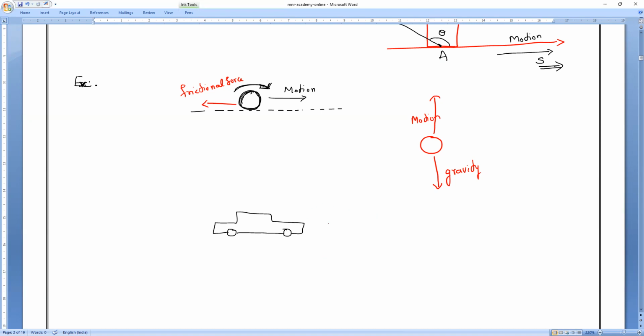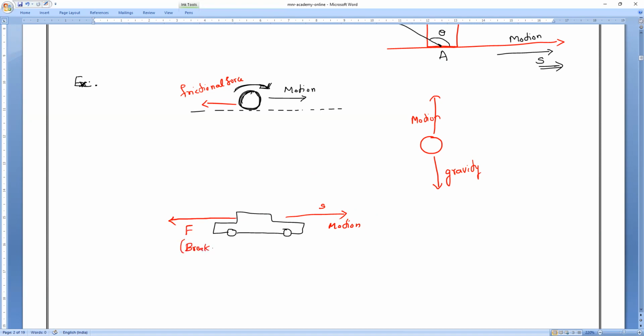If I take a car, we know our car moves in the forward direction. That is motion. Now I want to stop my car, so definitely I need to apply the force in which direction? Opposite direction.